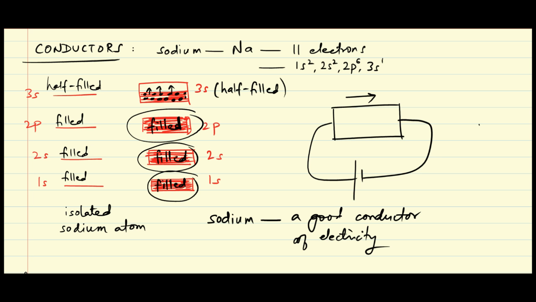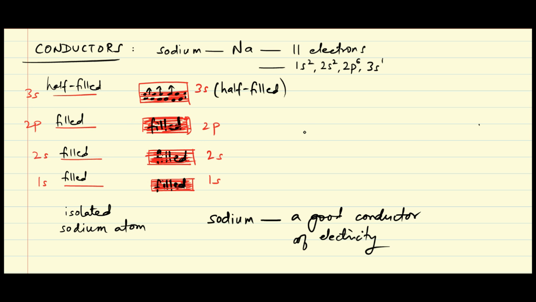Although there are vacant states available in the half-filled 3s band, which means that theoretically an electron in the 2p band could go over here, or an electron in the 1s band could go over here, the additional energy which these electrons need from the field to go to that energy level is simply too high.